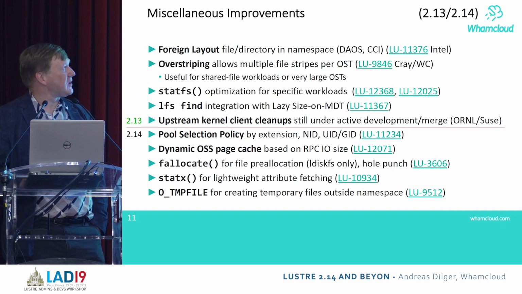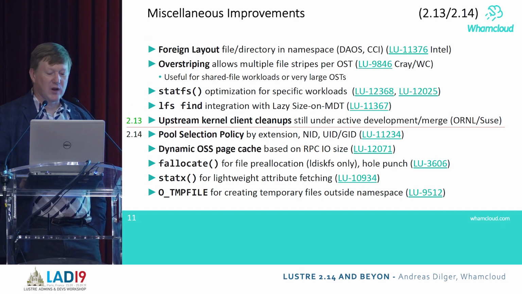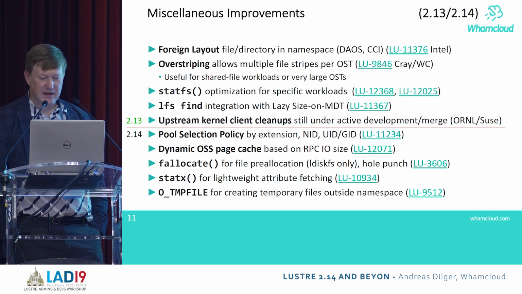Various other smaller features, foreign layouts. It's something from Intel to integrate with their DAOS, stacked file system. Overstriping is mentioned. StatFS optimizations. Lazy size on MDT went into 2.12. Hooking it into LFS find makes it more efficient.